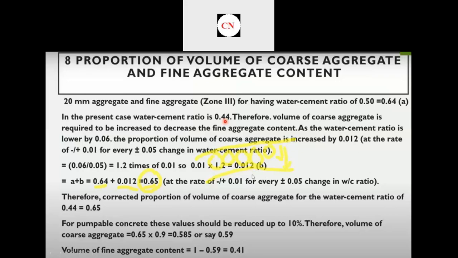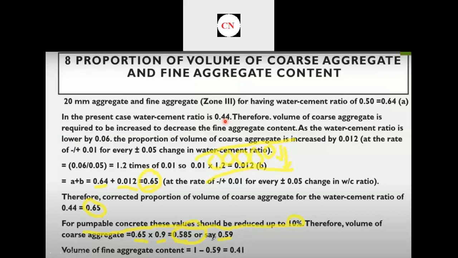The code IS 10262 2019 specifies that for pumpable concrete, we can reduce the volume of the coarse aggregate fraction by 10%. After this reduction, 0.65 into 0.9, the final figure is 0.59.